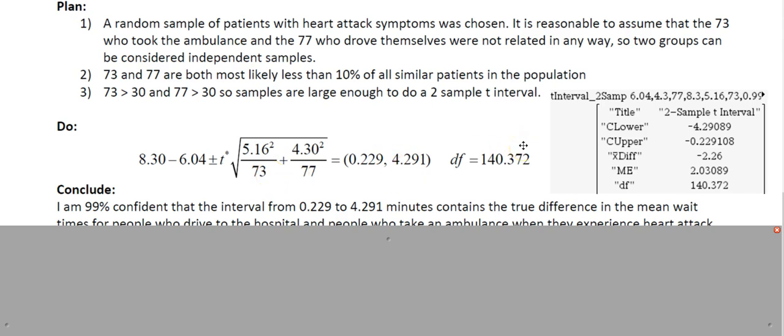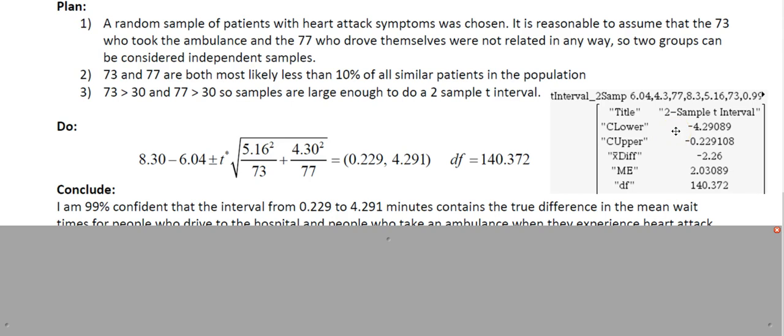Now, notice here, when I did my key, I made the self-driven people minus the ambulance-driven people, but I did it the other way around on my calculator just now to show what it would look like.